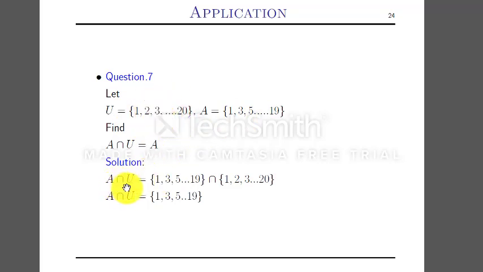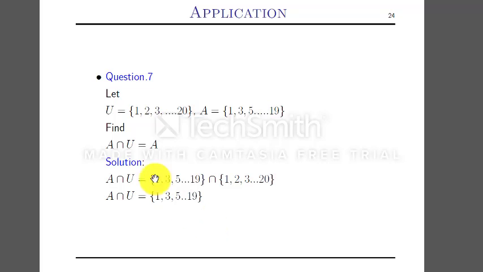So when we take the intersection of these two sets, A = {1, 3, 5, ..., 19} and U = {1, 2, 3, ..., 20}, A intersection U gives the common elements which lie in both A and U. So we can write A as {1, 3, 5, ..., 19}, as the intersection with the universal set is the smaller set, because A is a subset of U. When A is a subset of U, the intersection of A and U will be A. So we can write it as this.